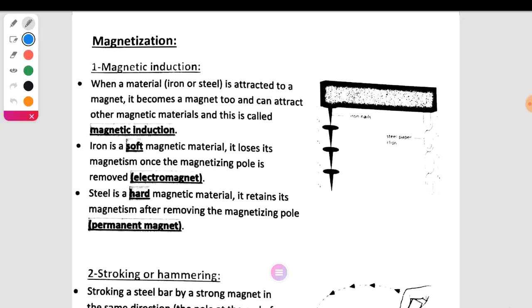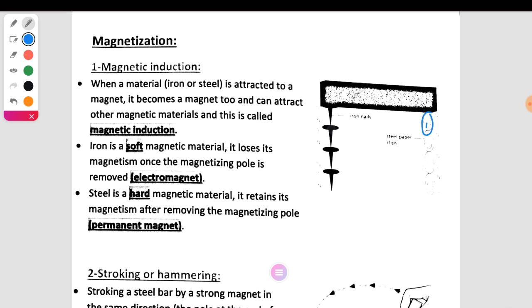We are studying now the meaning of magnetism. Any substance can be magnetized by different methods. If you have a permanent magnet and needles approach it, the magnet attracts the needles, or steel paper clips are attracted to the magnet.